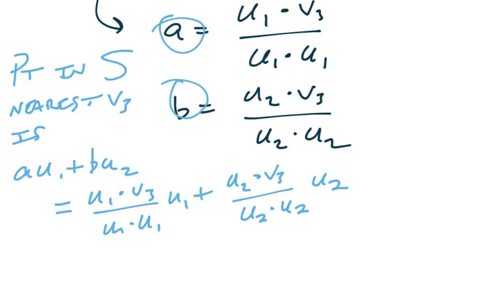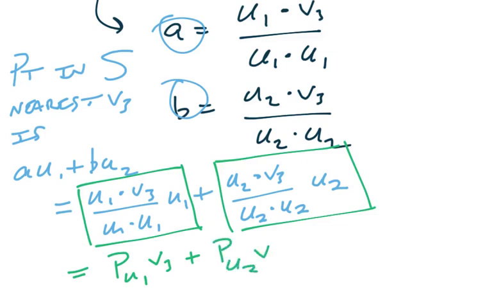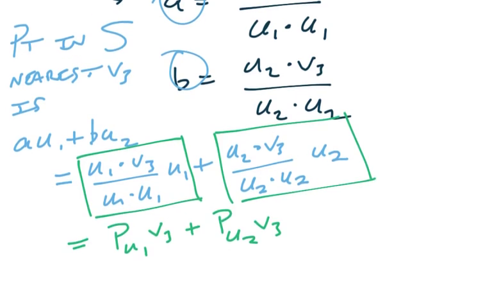And now these things, right, this is so cool I can't even stand it. These things we have seen many, many times. What we've got here is the projection onto U1 of V3 and the projection onto U2 of V3. Right, these things are just projection formulas, which is really, really cool.